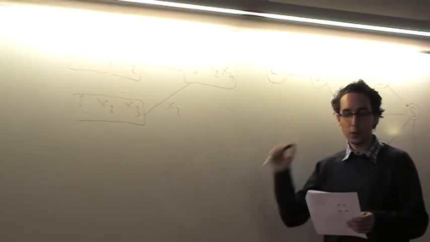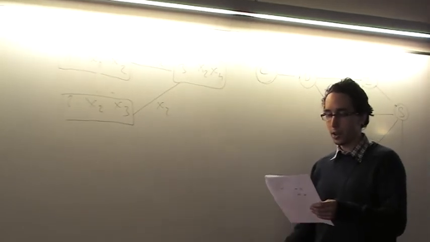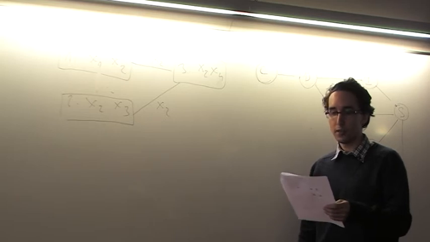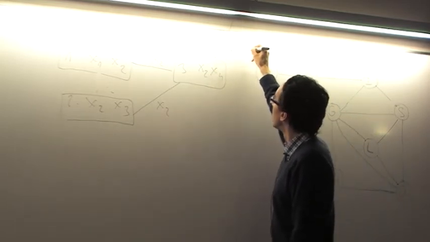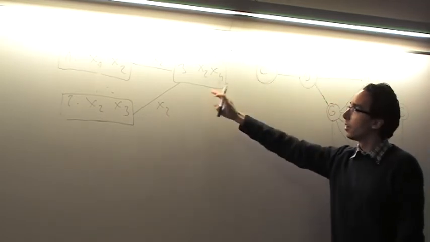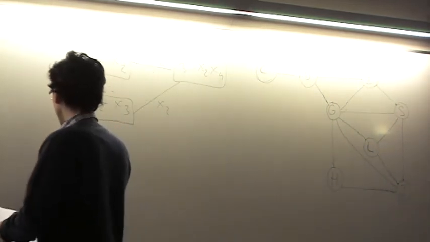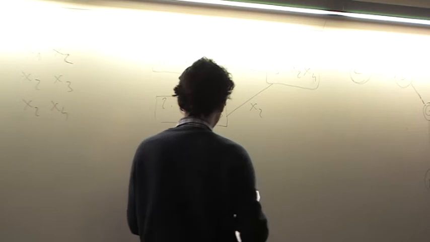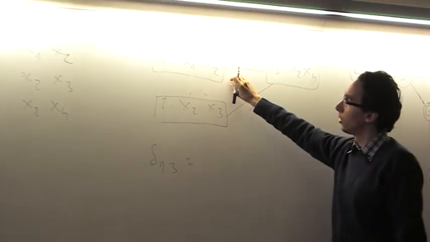So now we start doing message passing. I want to pick a random node as the root, for example, this one. I will send messages from the leaves to that node. I will start by sending a message from node 1 to node 3. Sorry, I have to assign a potential to each node.